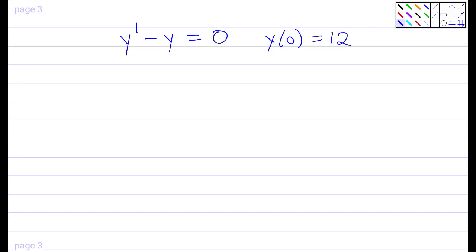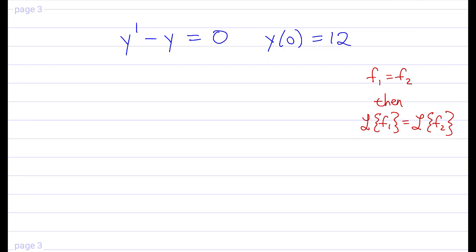Now, why is it that we can do that? Well, there's a super important theorem that says that if f1 equals f2, then the Laplace transform of f1 equals the Laplace transform of f2. And actually, this theorem works both ways. It's not an easy one to prove.